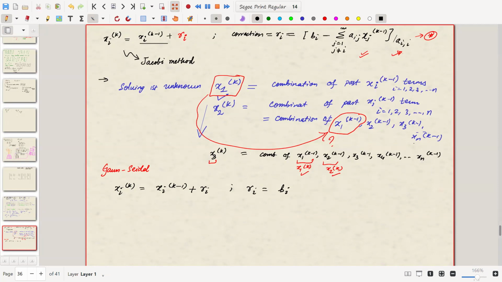No, that is a constant vector, so it is not going to change. Bi is same. Then minus some summation divided by aii, will that change? No, that will still be the same. The summation part will change. Now, please think how the summation part will change.